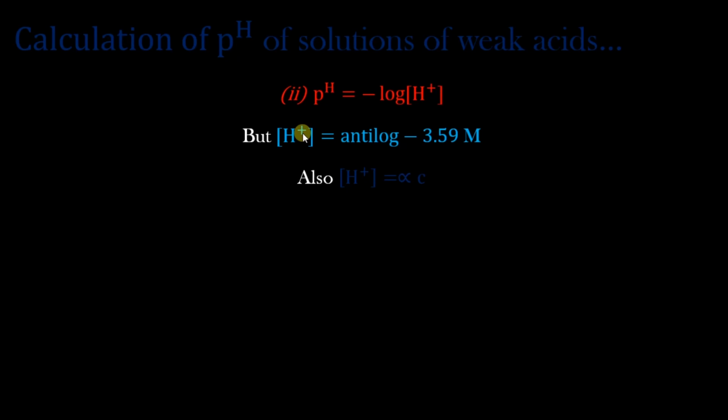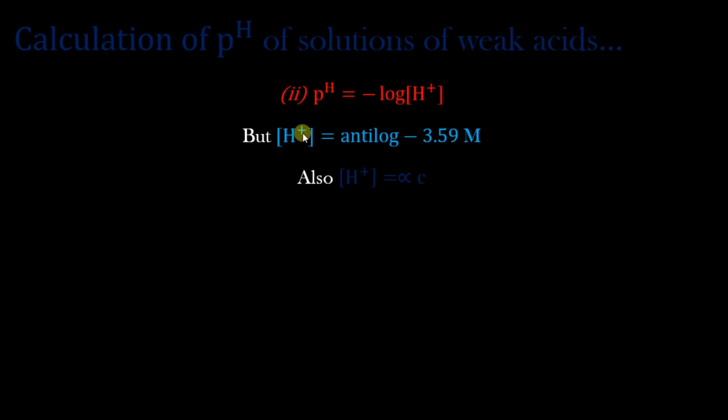Then for you to get alpha, you are just going to divide it by C. So we have the molar concentration of hydrogen as 2.57 exponent negative 4, and now if you have that value at hand, you're going to say 2.57 exponent negative 4 is equal to alpha C, and the value of C is 0.001 molar. So you can obtain the value of alpha there.